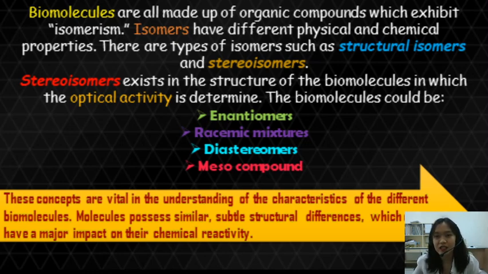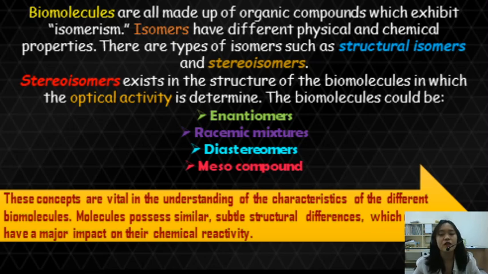When you say organic, again, made of carbon, hydrogen, oxygen, and nitrogen. It says here that organic compounds exhibit isomerism. Meaning the organic compounds comprising your biomolecules show isomerism.